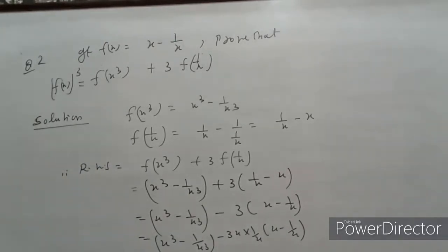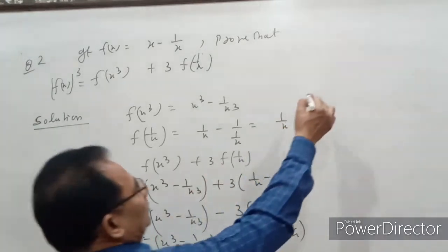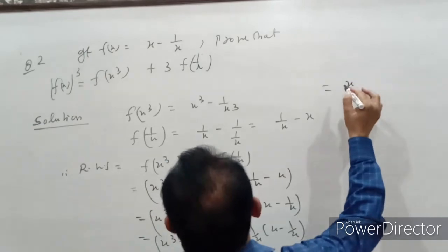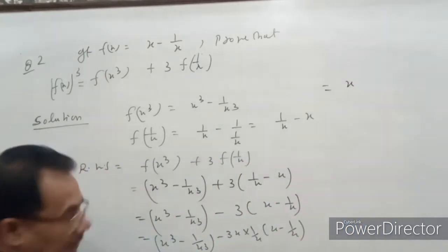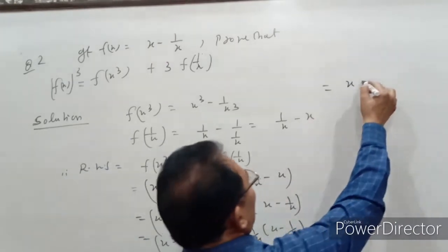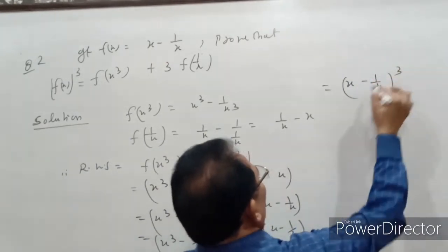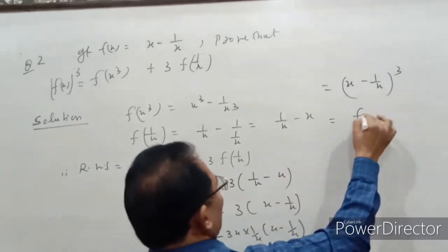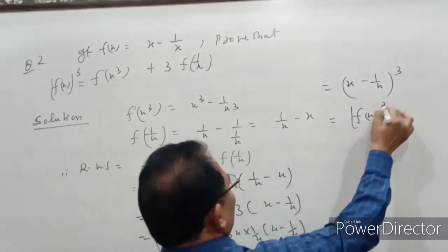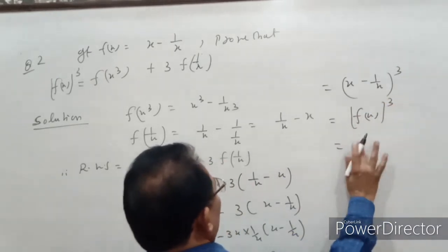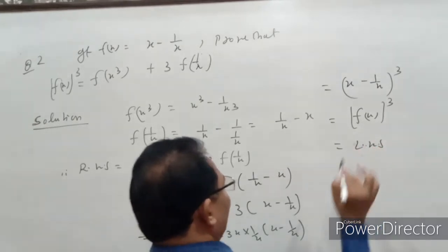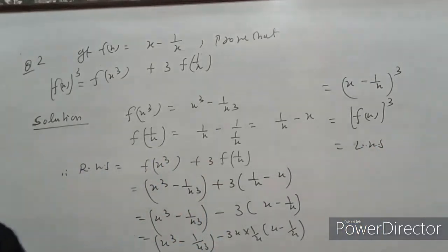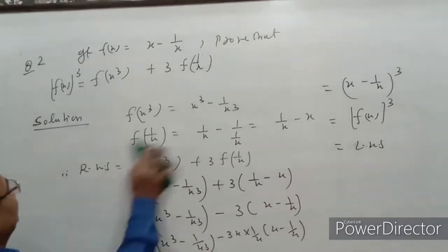So this is equal to, we say here, x minus 1 by x whole cubed, which is equal to f(x) whole cubed, f(x) raised to the power 3, that is LHS. So therefore this question is also proved. If f(x) is equal to x cubed minus 1 upon x cubed, next question.